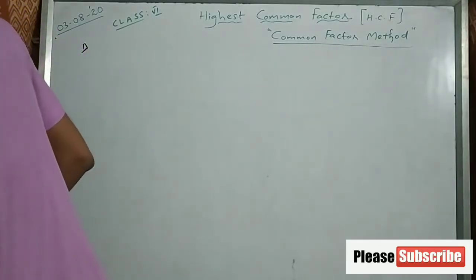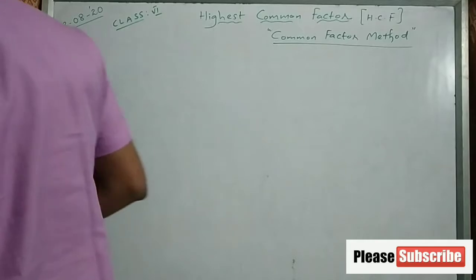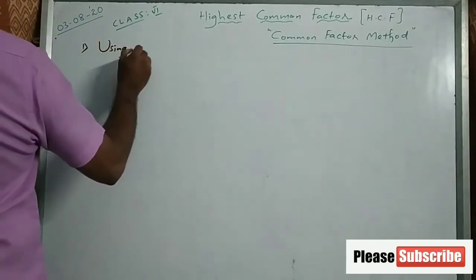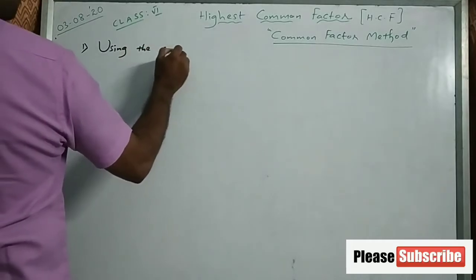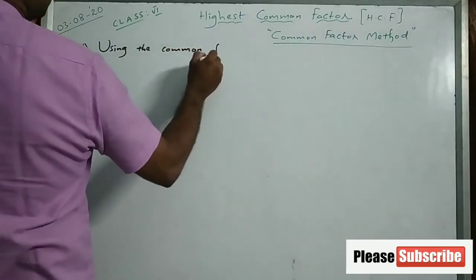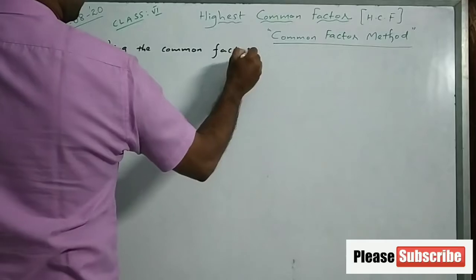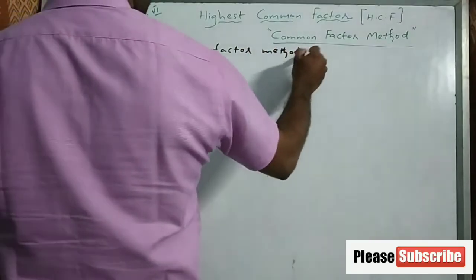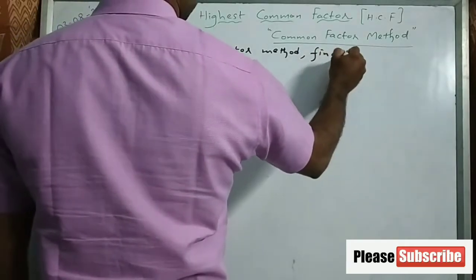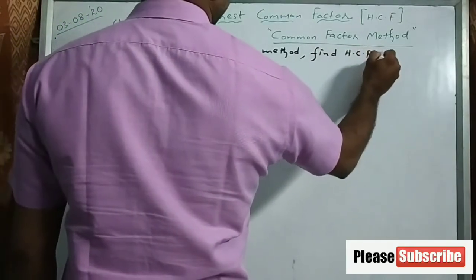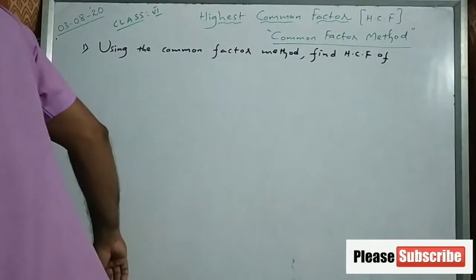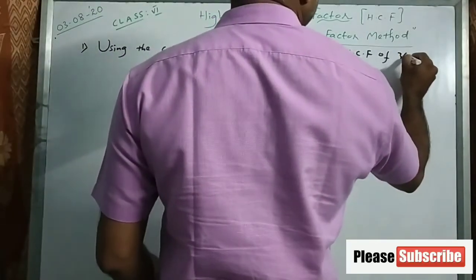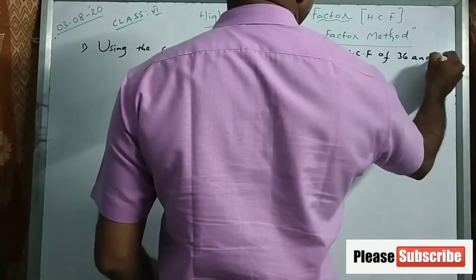Okay, so first question, using the common factor method, find HCF of 36 and 48.